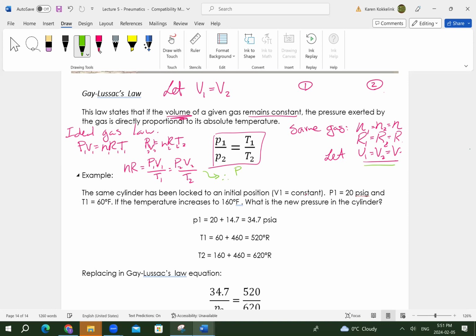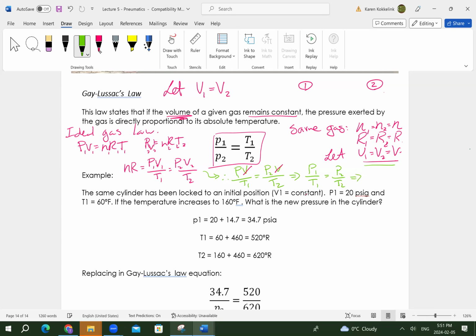Therefore, this is P1 V over T1 is equal to P2 V over T2. I have two volumes here. They're exactly the same. They're on both sides of the equation, so I can cross them out. So I'm left with P1 over T1 equals P2 over T2.